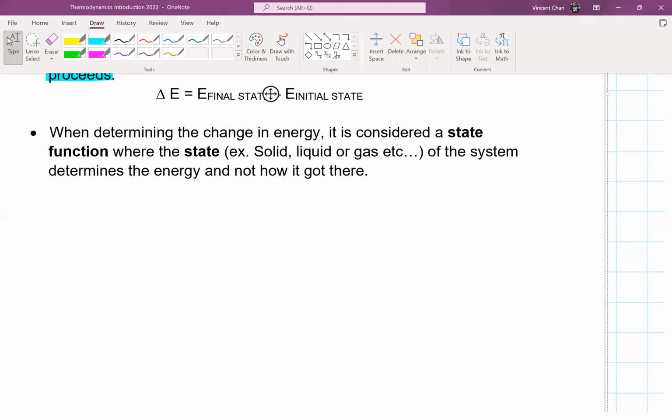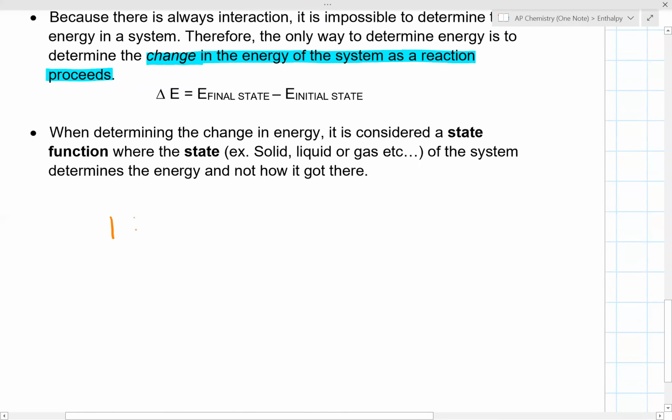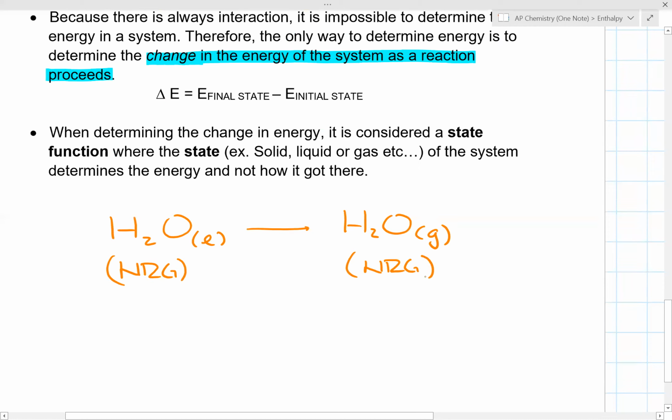Let's say we had a chemical reaction, water liquid going to water as a gas. There's a specific amount of energy here, and there's a specific amount of energy in the gas phase.